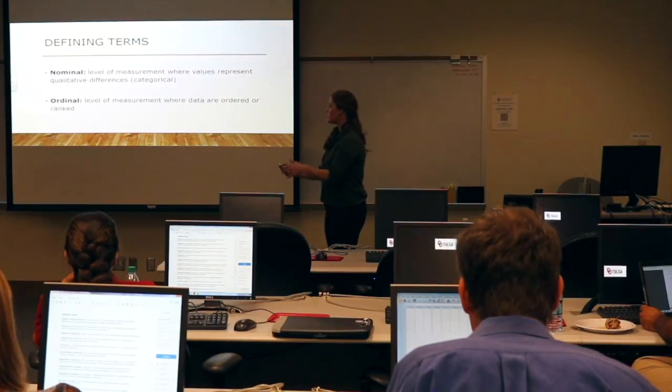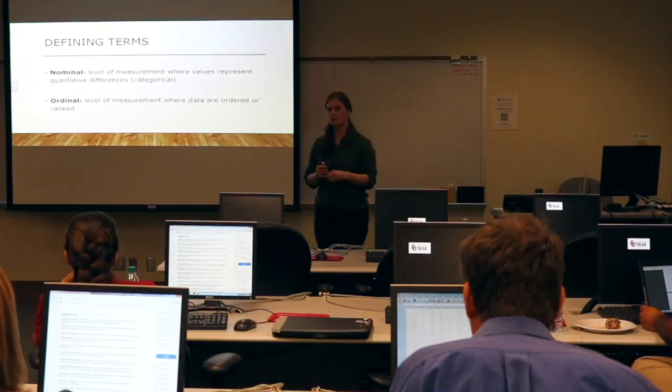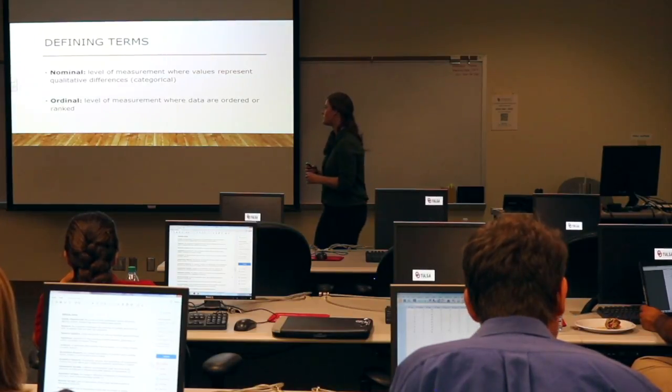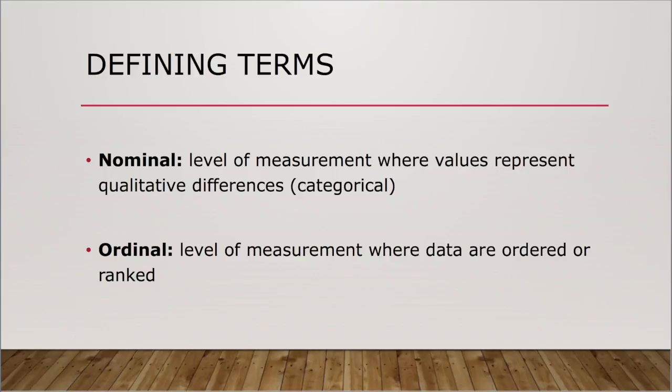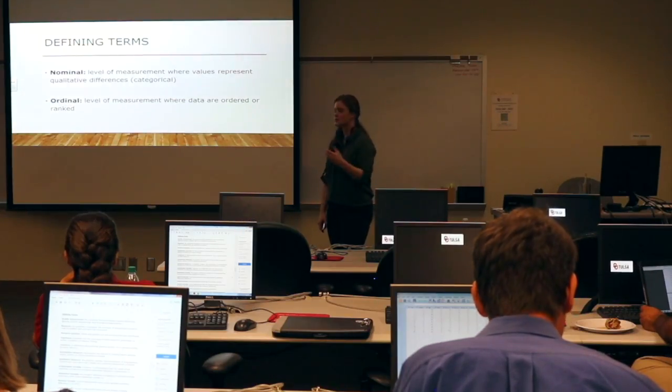Okay, great. So what about types of variables? Is everyone comfortable with the types of variables that you use? Nominal is the most basic level of a variable. It's also referred to as categorical, and it is used to measure qualitative differences.